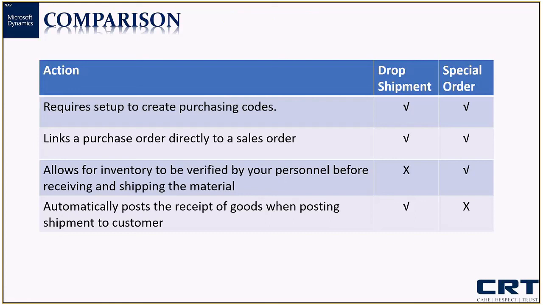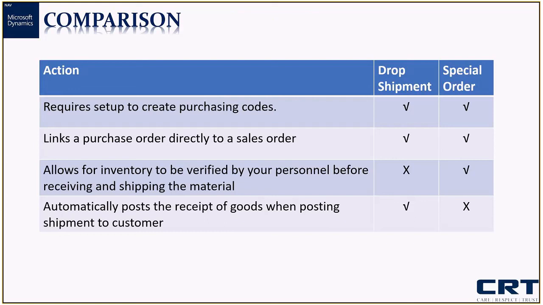Both methods require some minimal setup, which is that you need to set up the purchasing code. For drop shipment and special order, the function is that they can link the purchase order directly to your sales order.